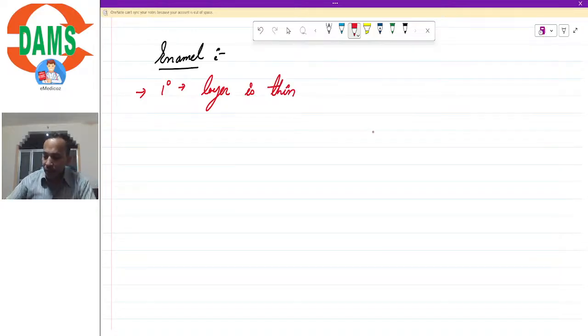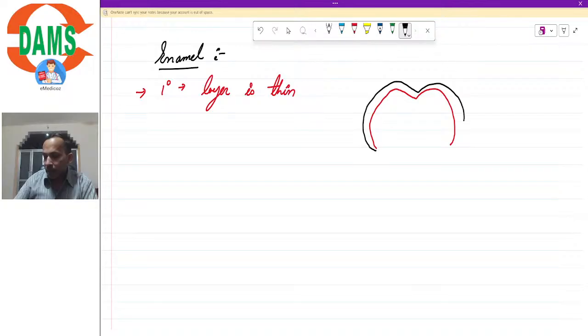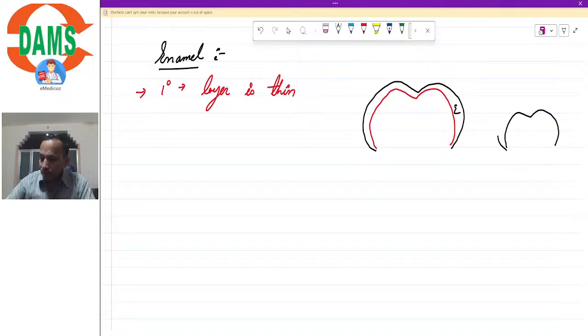If we are drawing a primary tooth, what we'll notice is that the thickness of enamel, let's say this is the enamel, as compared to the permanent tooth, is thin.